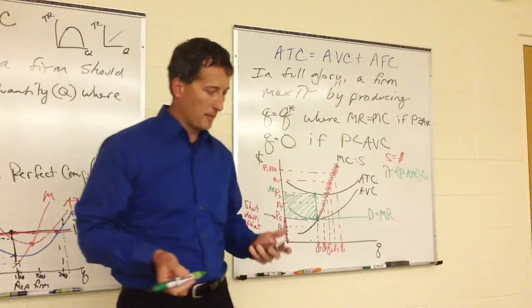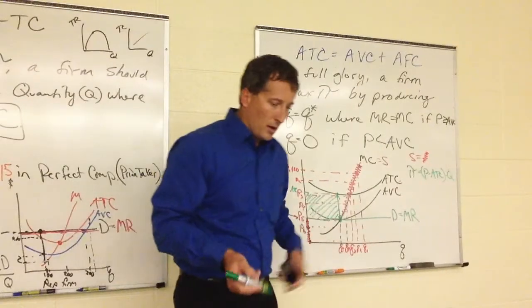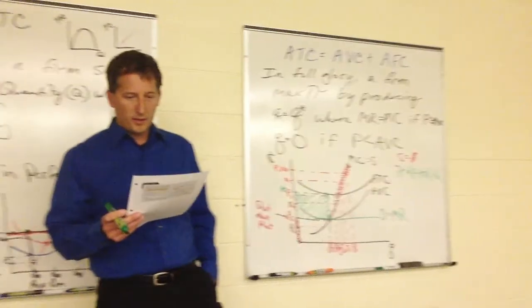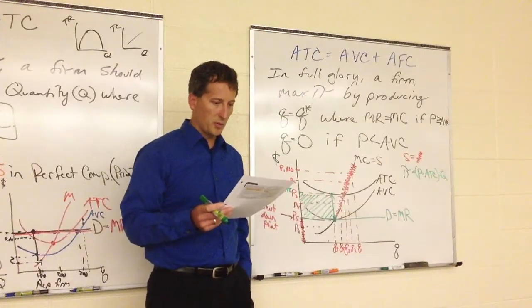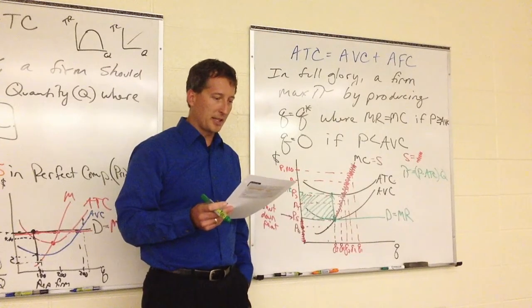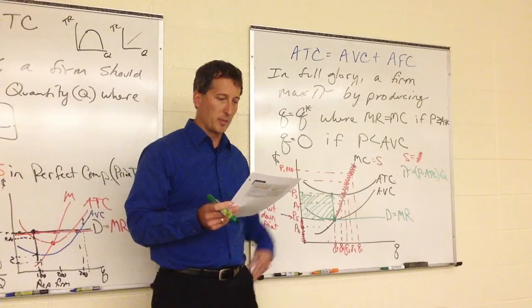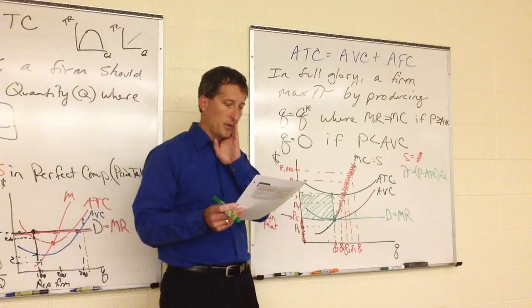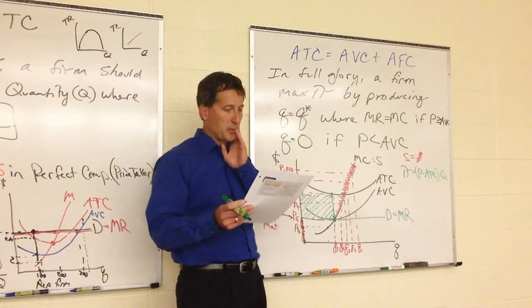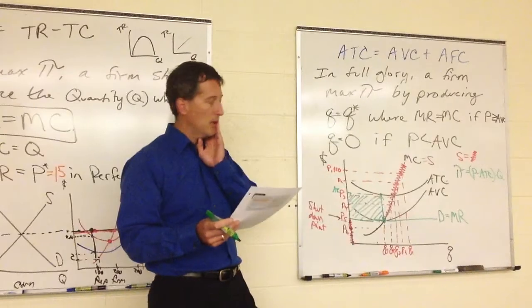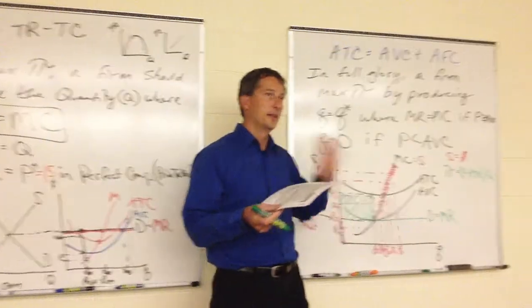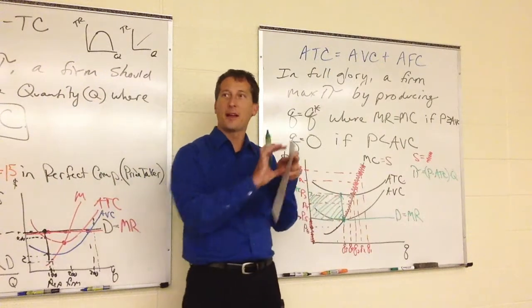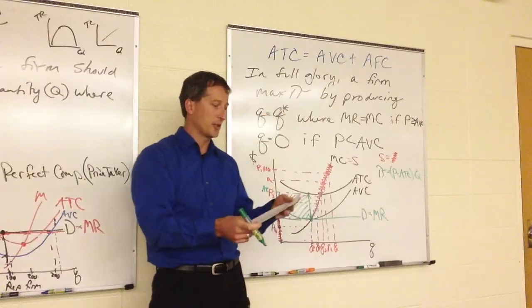All right, let's hit this problem. So, this is all just one part. Calculate the price below which a firm in the market will not produce any output in the short run. In other words, calculate the shutdown price. What do we need to do now that you're armed with this information, but yet we don't have the graph here, we only got equations?